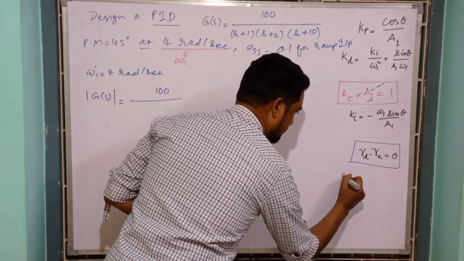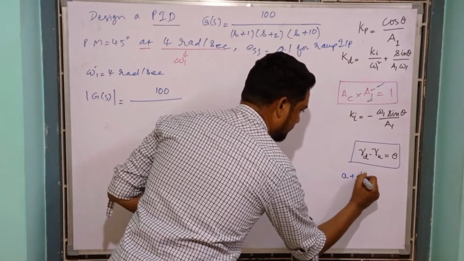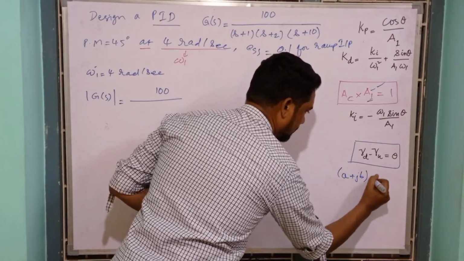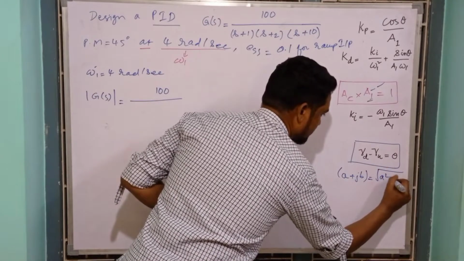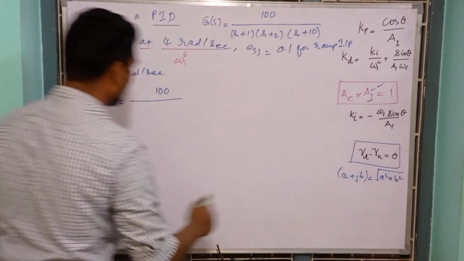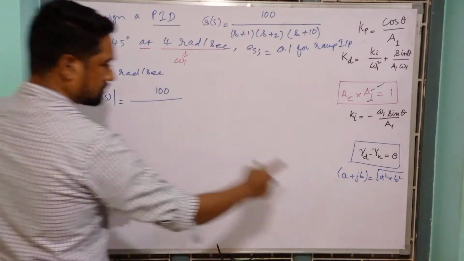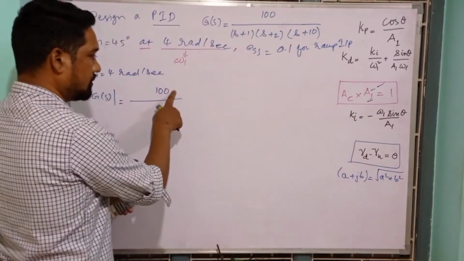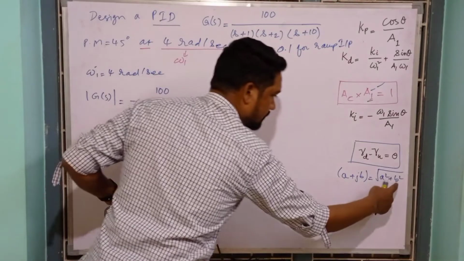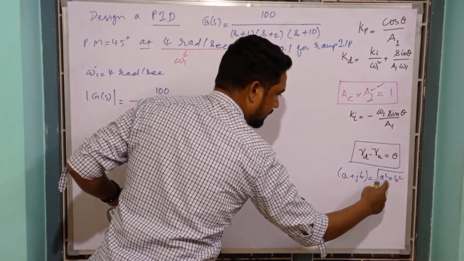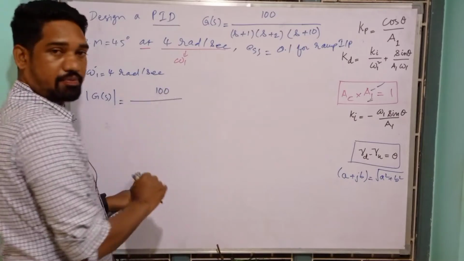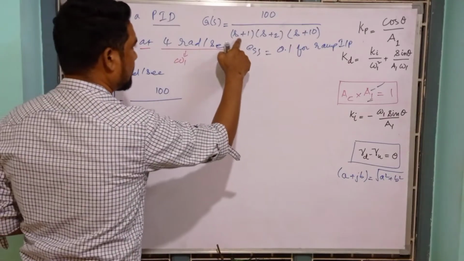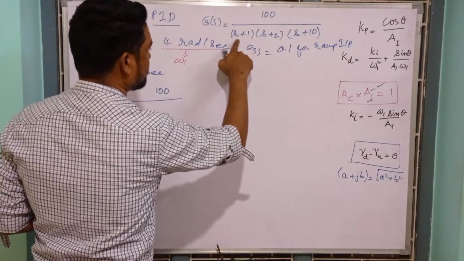If you have a plus jb, the magnitude will be under root a square plus b square, isn't it? So in that case, imaginary is absent over here, right? So this will be 0, under root 100 square, that will be simply 100. And what about this one?